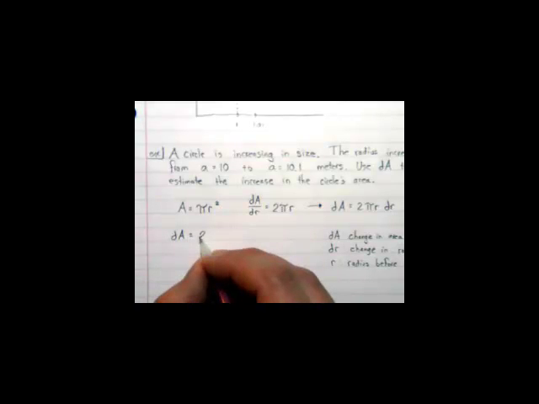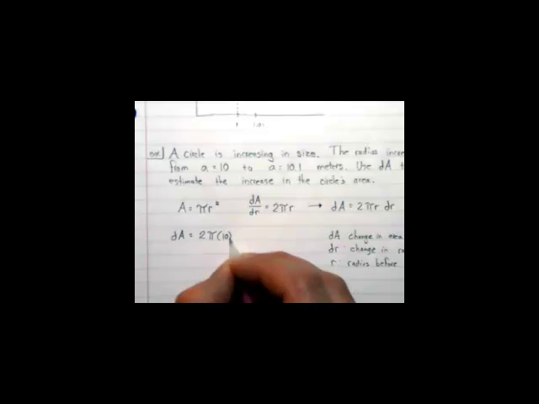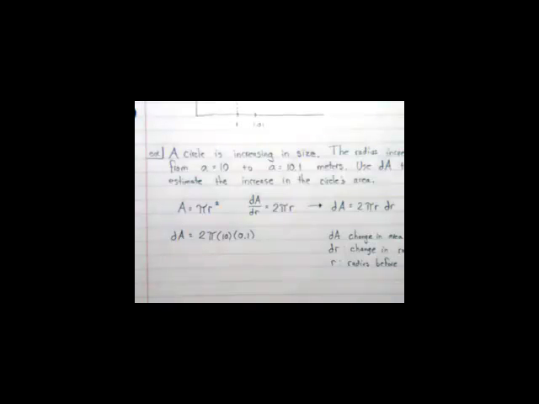dA is going to be 2 pi. The radius before the change was 10, and the dr is 0.1. All right, so if I multiply that all together, and let's leave the pi in the answer because we're going to double check this in a minute, 2 times 10 times 0.1 is 2.